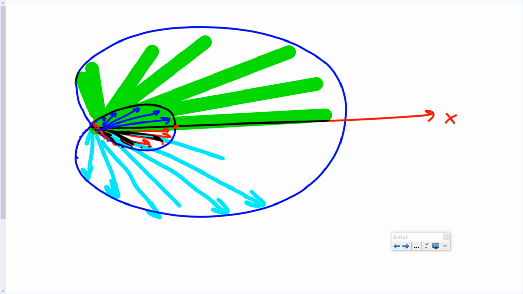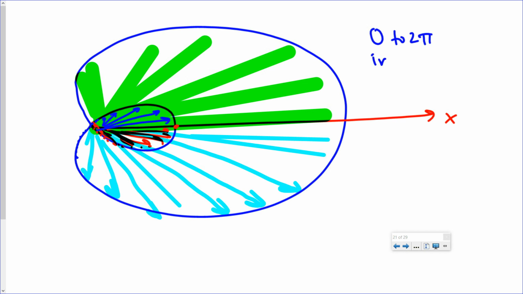Do you see I'm double sweeping this inner loop, which I've already swept once? So it's kind of interesting. When I go from 0 to 2 pi on a limaçon with an inner loop, I actually sweep this loop how many times? Twice. I've actually swept the inner loop twice.